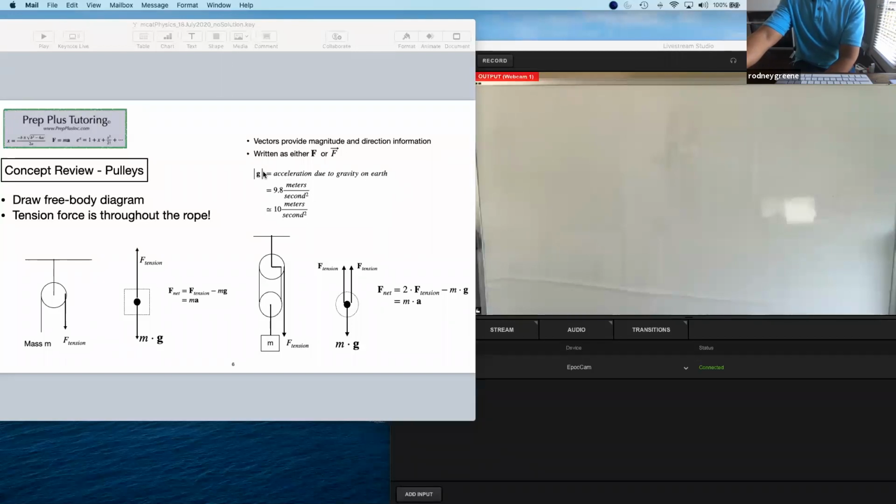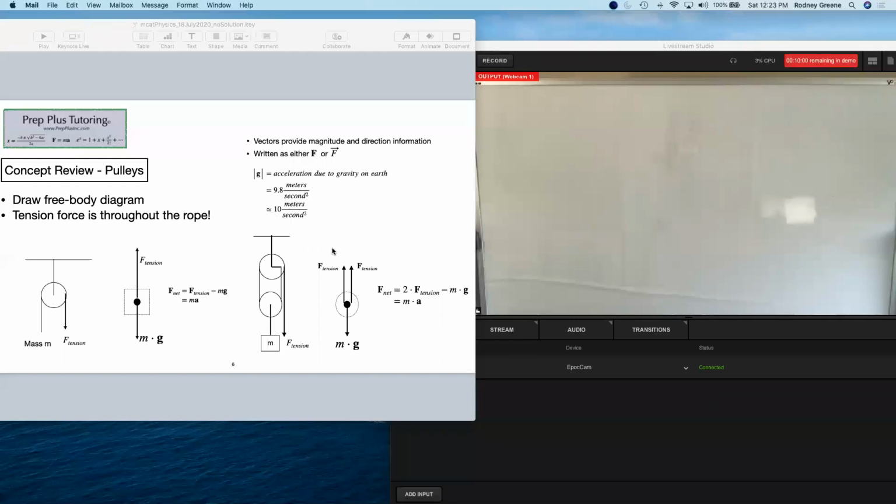Make sure that the acceleration due to gravity that you use is for the celestial body cited in the problem. So if it's Earth, the acceleration due to gravity is 9.8 meters per second squared, and that's approximately 10 meters per second squared.